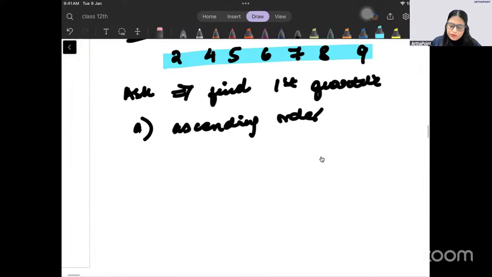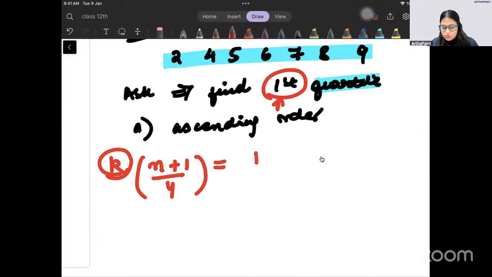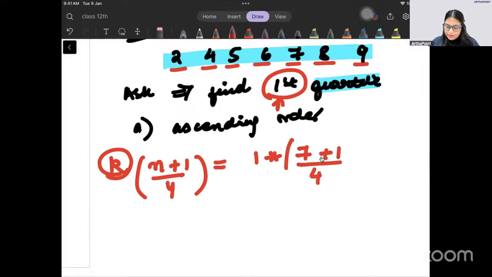Then, because I have to find the quartile, the formula is k times (n plus 1) by 4, where k means whether it is first, second or third quartile. For the first quartile, k takes the value 1; for the second, 2; for the third, 3. The number of observations is 7, plus 1, 8. My bad, let me remove 1. Here you are getting a number directly, so the answer will be 4.